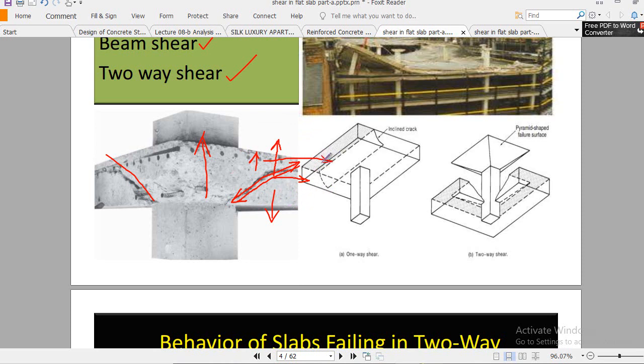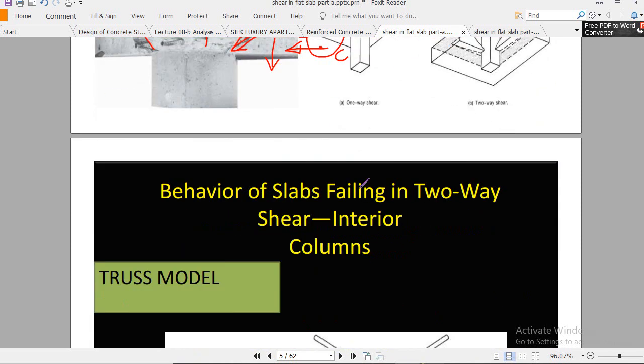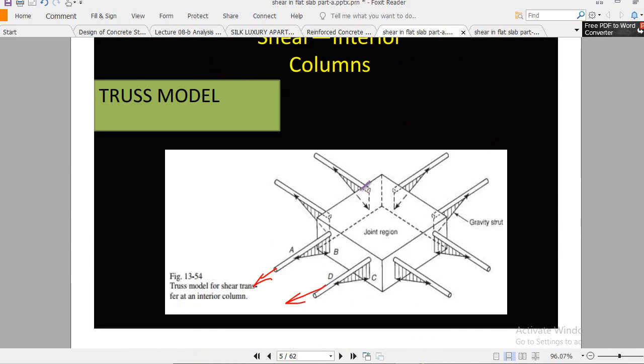So here we have tension, and here we have compression. So this kind of force, which is the horizontal component of that strut, brings changes in these tension and compression forces. Okay, so this is adding some extra force, and such failures cause the complete failure of the slab.